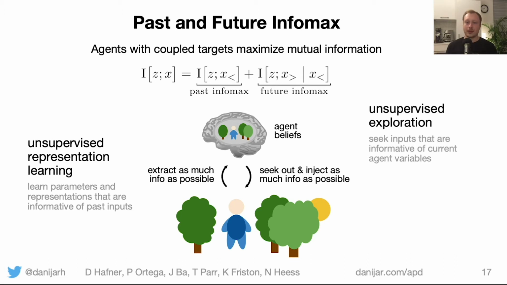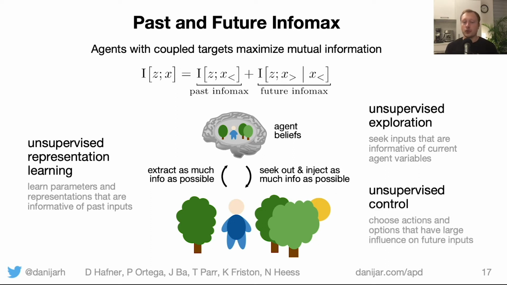For future time steps, the agent tries to maximize the mutual information between its latent representations and future inputs. This means it will seek out inputs that are informative of its current variables, known as the expected information gain, or Bayesian experimental design, that leads to effective unsupervised exploration, where the agent tries to learn as much as possible about the environment by seeking out interesting situations.